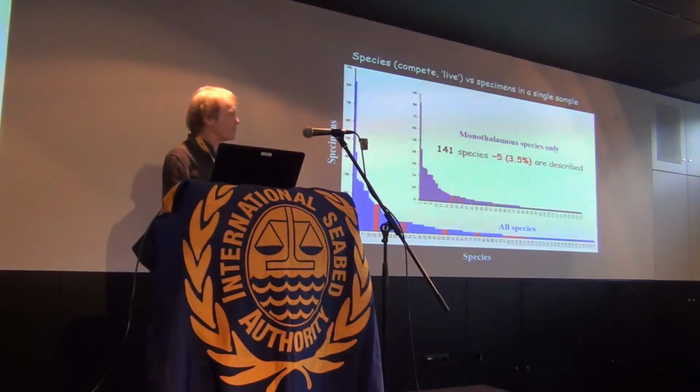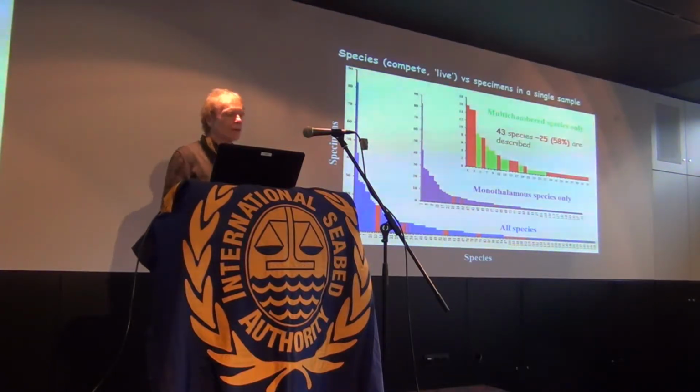If we look at just the monothalamids, we have 141 species, of which only 3.5% are described. When we look at the multi-chambered species only, 43 species, of which 25, more than half, are described. So the described species are concentrated amongst the multi-chambered taxa. The monothalamids, very few of them are described.